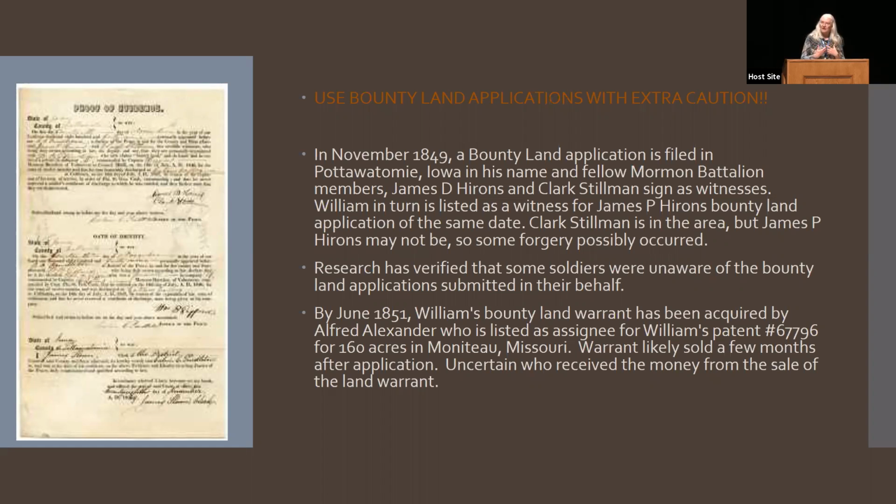The question that we've had, and we don't have an answer for, is that there were a lot of men that were not present. We don't know. Some of the bounty land applications are signed by military officers. We don't know if the military officers were just trying to apply for the men that they knew weren't going to be there and try to get the money to them, or if it was really a few agents.